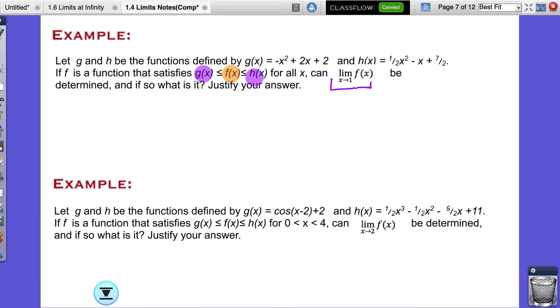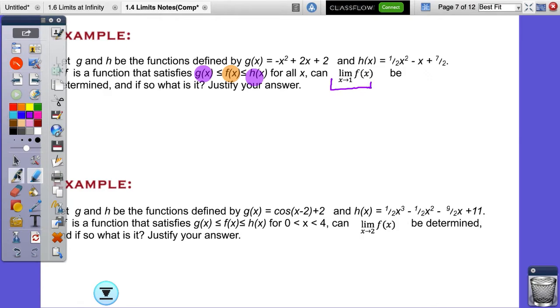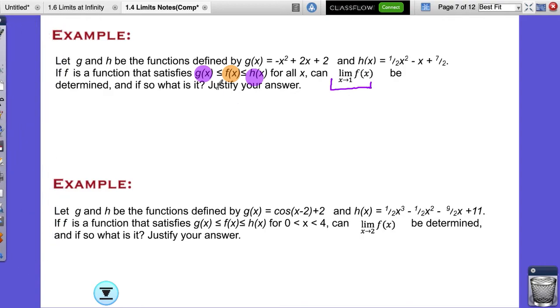Yes? If you saw that, you'd say, oh, that's probably going to be that squeeze theorem that Mr. Wilbanks talked about on September the 24th. And so what I would do here is say, well, I know that F is between G and H. So let's find the limit as X approaches 1 of the G function. The G function, which is up here, can I plug in 1 to that? Yep.